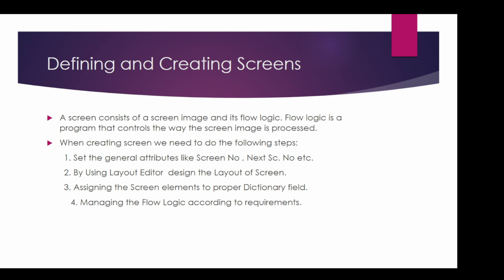After that, we found the layout editor where we design our screen, and then we found the screen element assignment via dictionary field, and after that we had a general overview of managing flow logic accordingly. And I made a promise that we will discuss in detail all these 4 points later in this series. So now in this video we will discuss each and every point in detail.